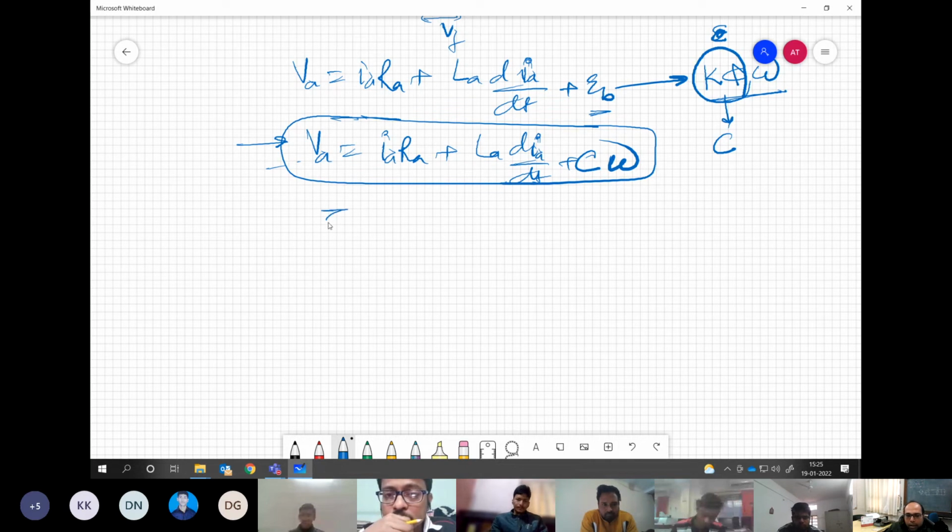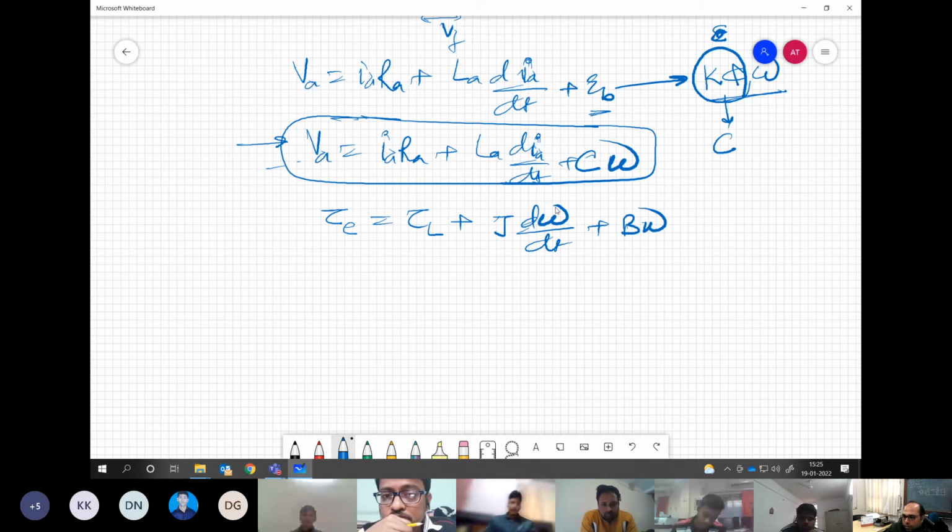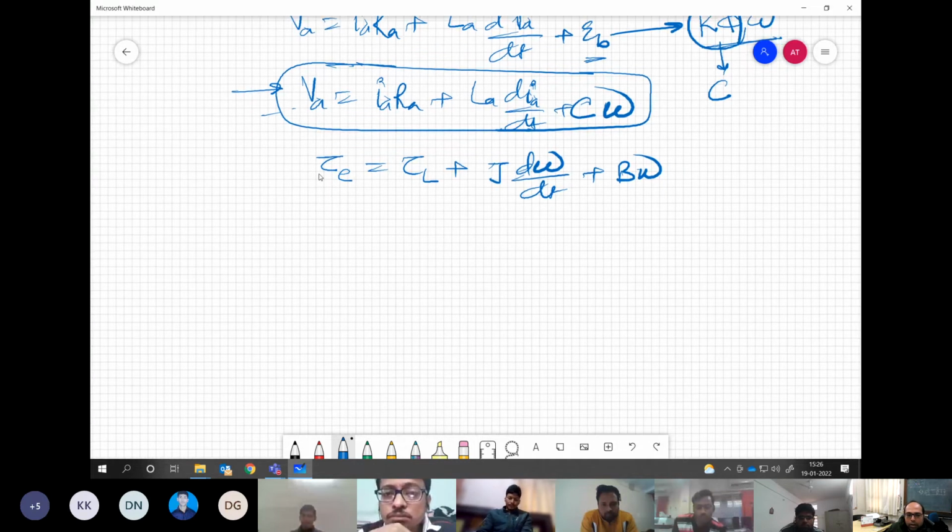Now the mechanical equation we can also write, similar to what we have done earlier. Here tau E, the electromagnetic torque, is connected to the armature current in this fashion: K times the flux times the armature current.